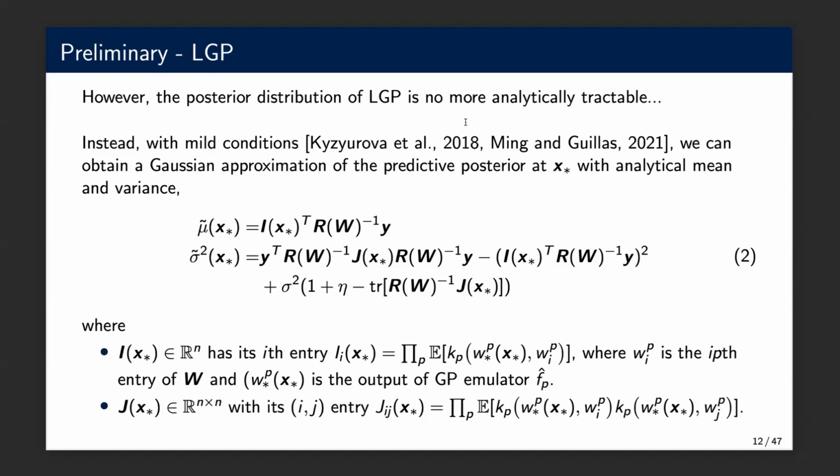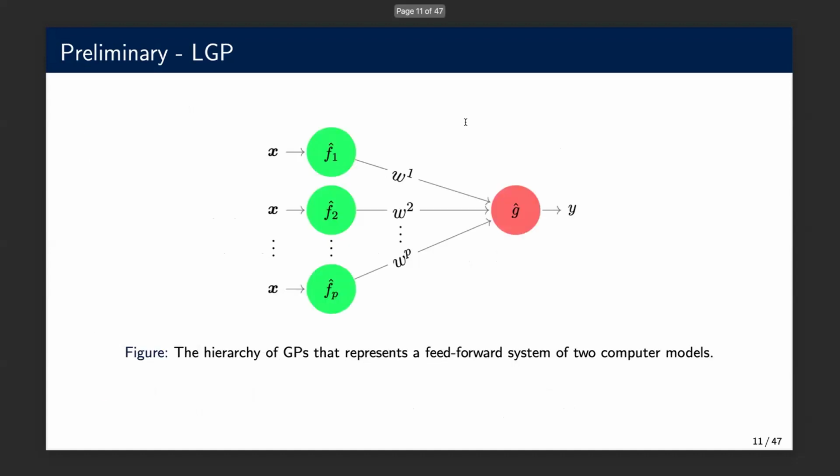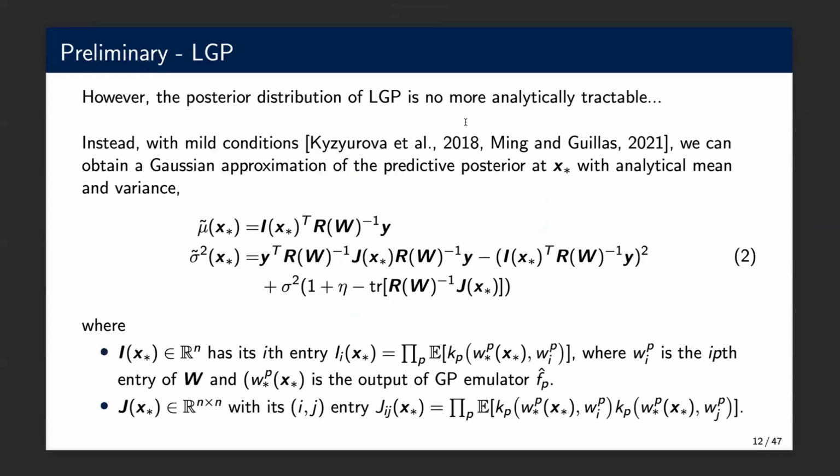During the inference, the posterior distribution of the linked GP is no longer analytically tractable. The hardest part is that we need to marginalize out these intermediate outputs. This is very tricky, but given certain conditions, we can analytically solve the marginal integral.